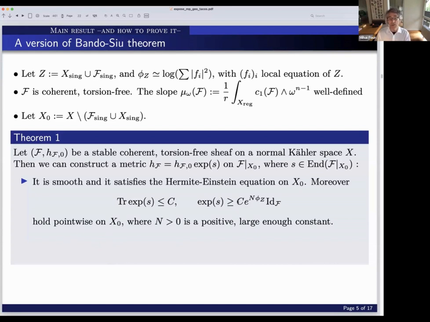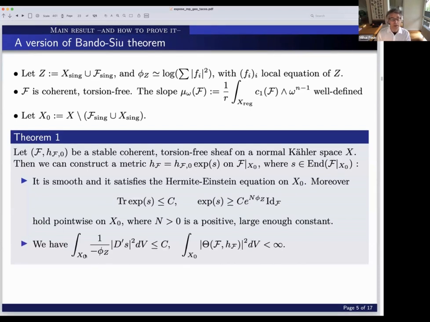Nevertheless, the virtue of this first point is that the constant is uniform on the open part, on some open subset. That's the content of this first point. And then we have the usual other estimates in this context, that is to say the covariant derivative of S is almost in L2, provided that we divide with this function. And then more important, the curvature is in L2.